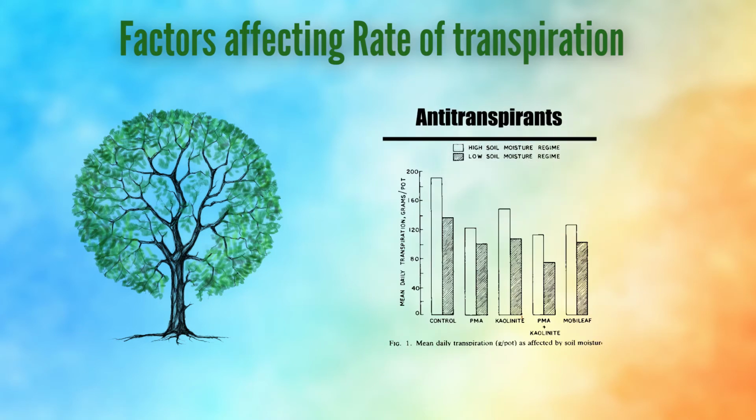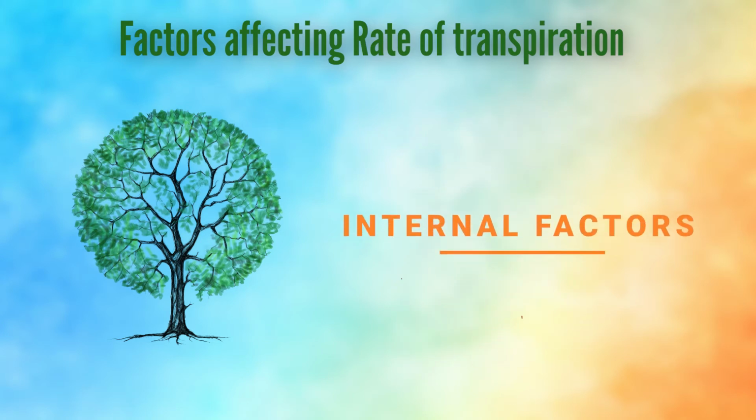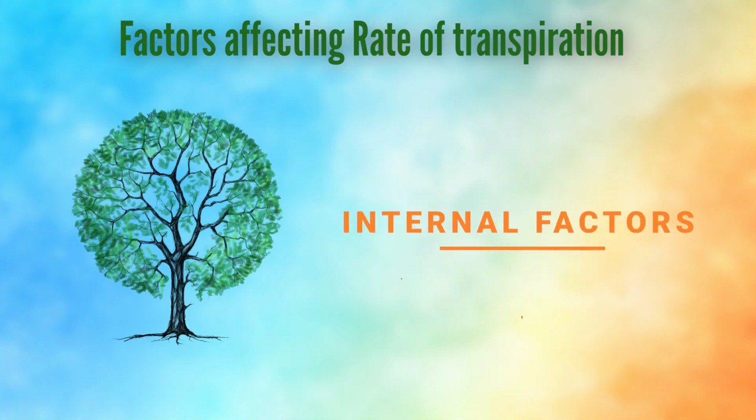Antitranspirants. Chemical substances which reduce the rate of transpiration are known as antitranspirants. Some of the antitranspirant chemicals are phenyl mercuric acetate, aspirin, abscisic acid, and even low viscous wax. Now, the internal factors.